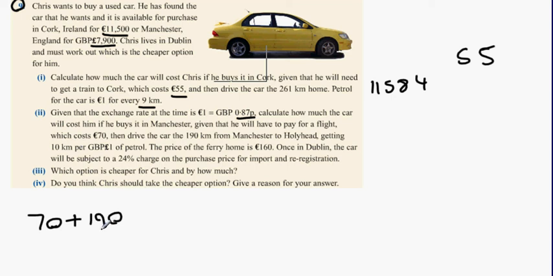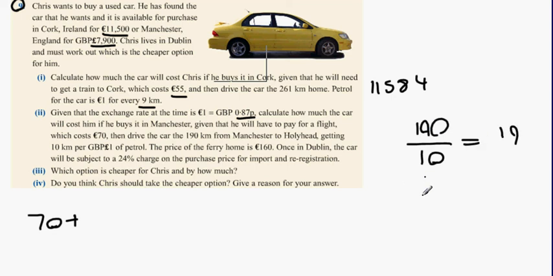So we're going to have to do the petrol. He's going to travel 190 kilometres divided by 10, and that's £19 sterling. So it's going to be €70 plus £19 sterling.